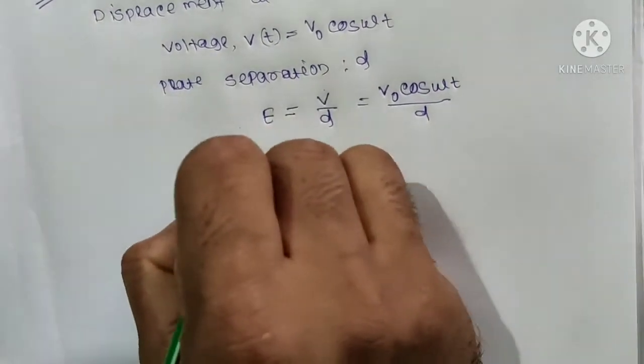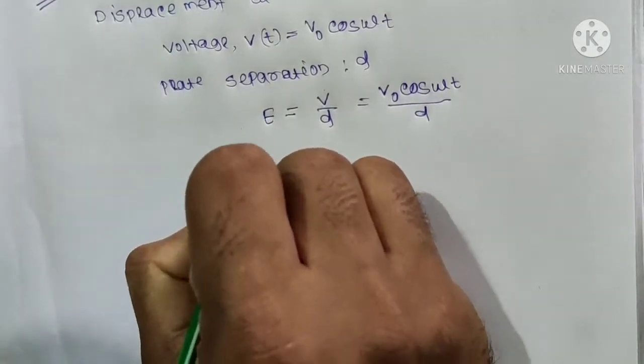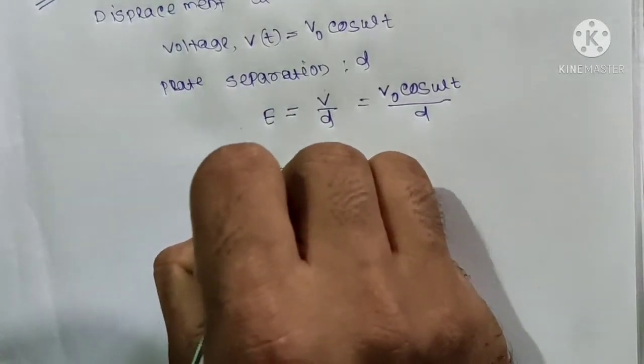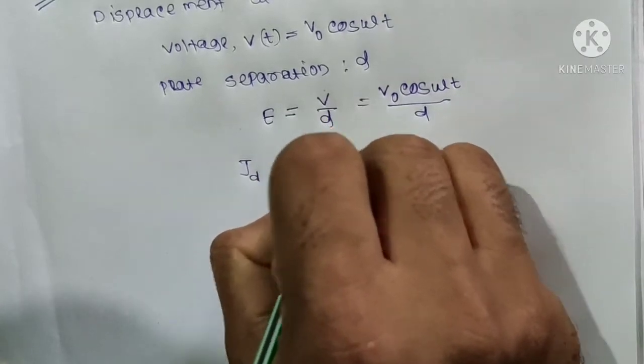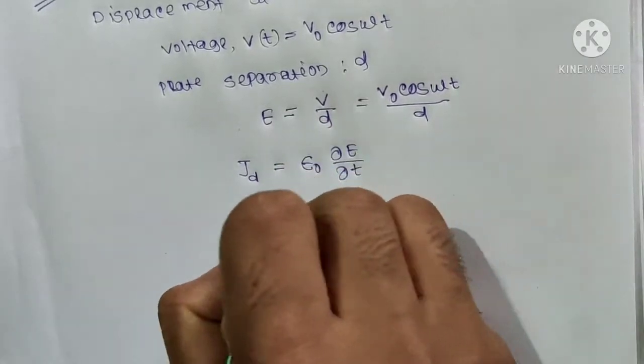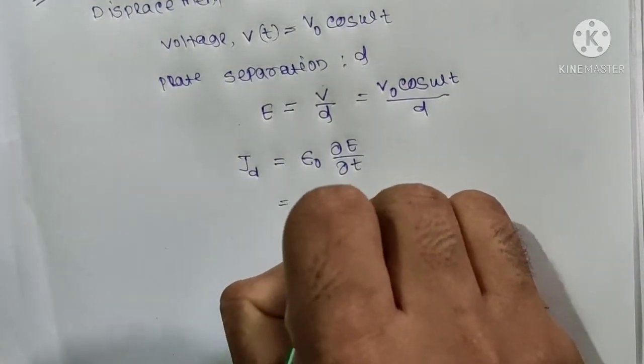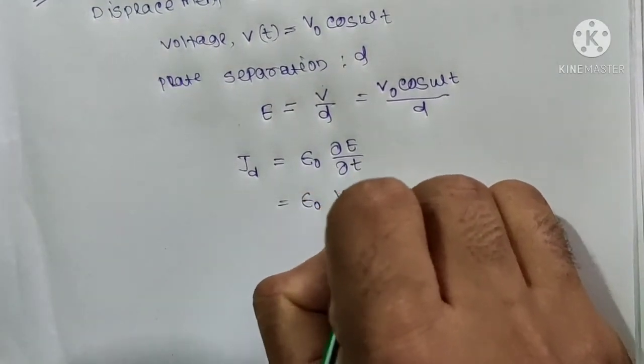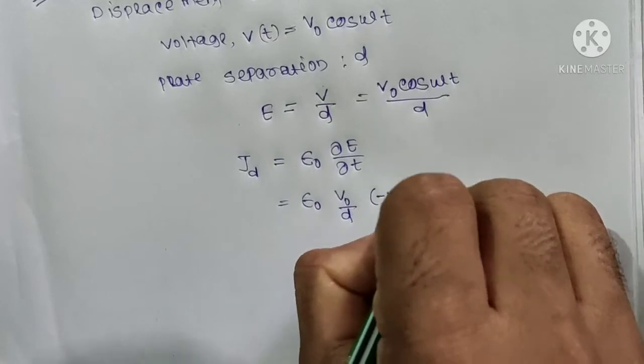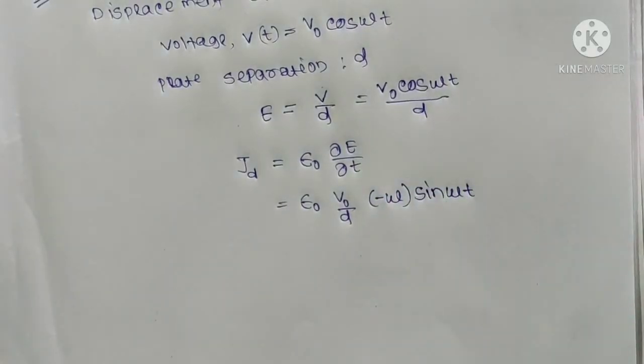So for displacement current density, epsilon naught del E by del t. So do the differentiation. Epsilon naught V naught by d into minus omega sin omega t.